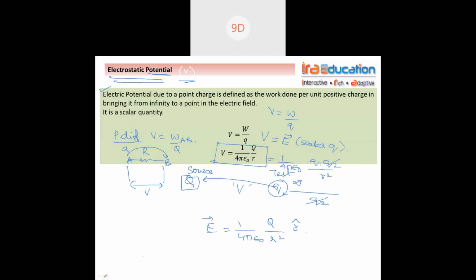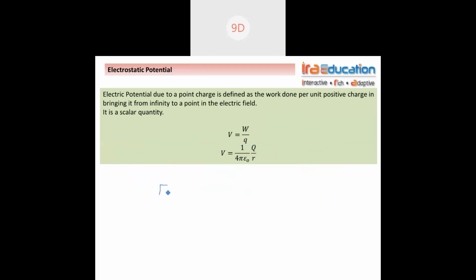I'll tell you the relation between E and V. Make a note of it. It's not there in this slide. If I want to define electric field in terms of electrostatic potential, I'll say it this way: electrostatic potential is the electric field per unit length.